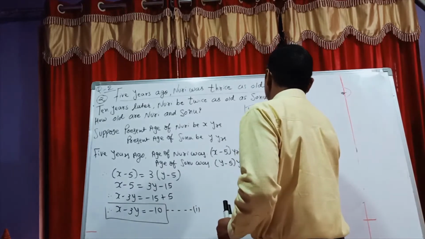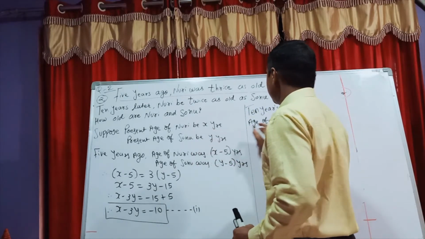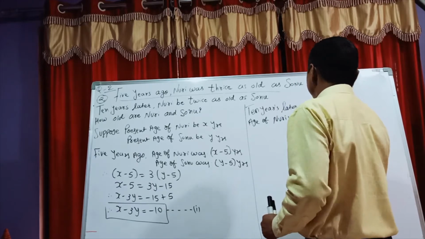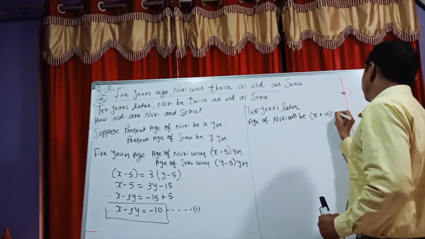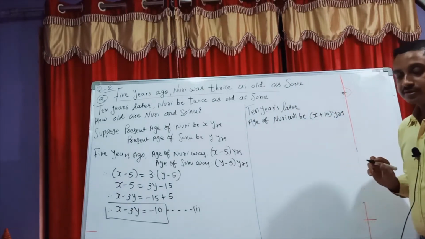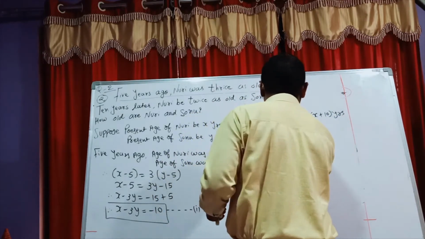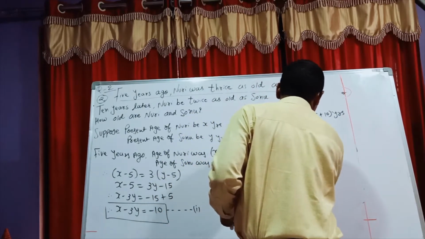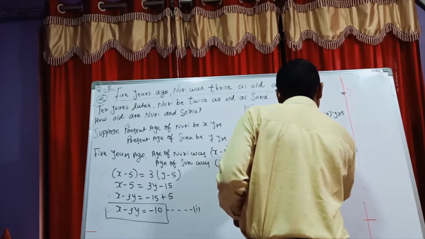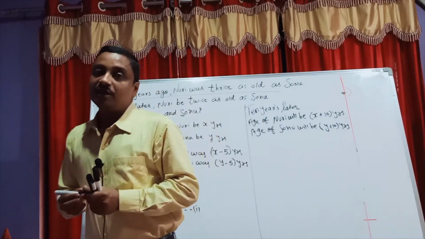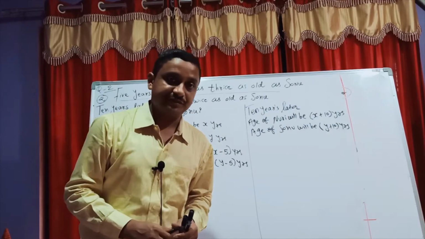So the age of Nuri will be x plus 10 years, same as the age of Sonu will be y plus 10 years. Students, it is the future tense, taking after 10 years.